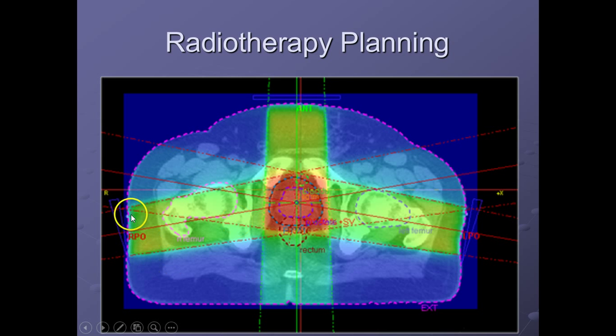If you see here, there's a beam put across this way, a beam put across this way, and a beam put across this way. That means that the region with the tumour in receives the most dose, whereas this area and this area only receives about a third of the dose.